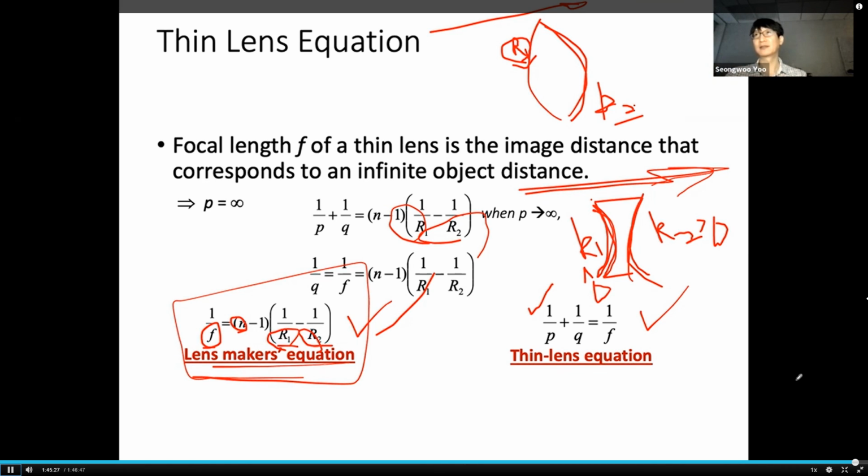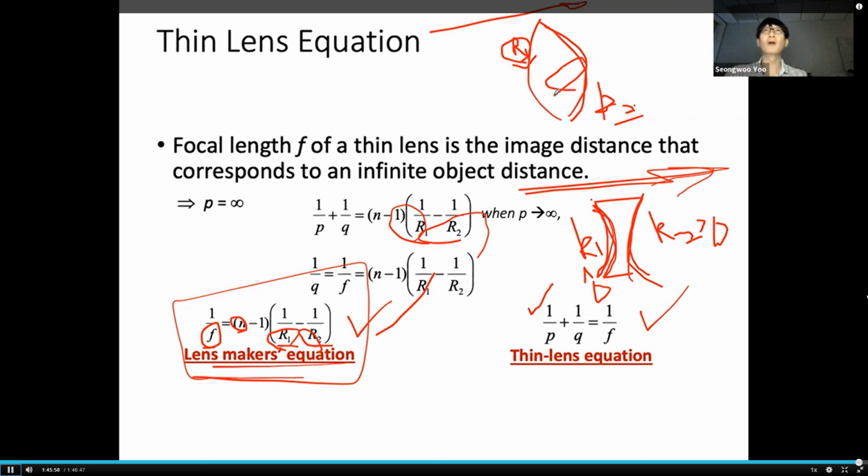That's the correct representation. However, as the name suggests, this is a thin lens, which means we ignore the refraction happening inside the lens because it's so thin. So refraction inside this lens is not our interest anymore.